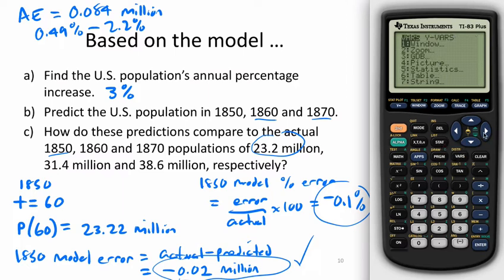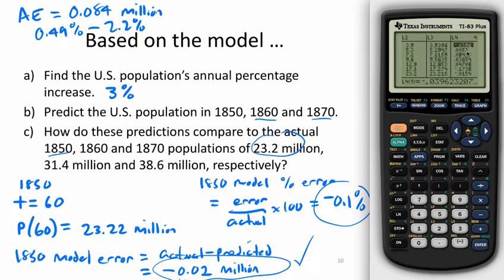That would be pointing to L3, doing Y1 of L1. We've done this many times before, so we know how to do it. Now we can see the model predicted values for all of the data points, including the last 3 that weren't included in the regression. And so now we can calculate all of the model errors, L2 minus L3. Actual values in L2 minus predicted values in L3.